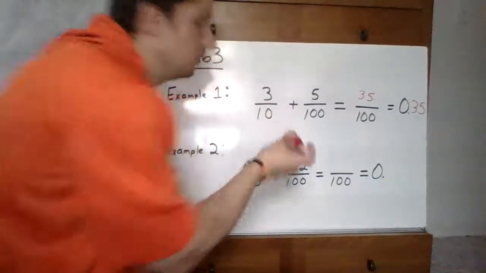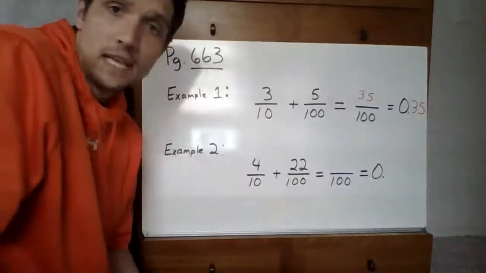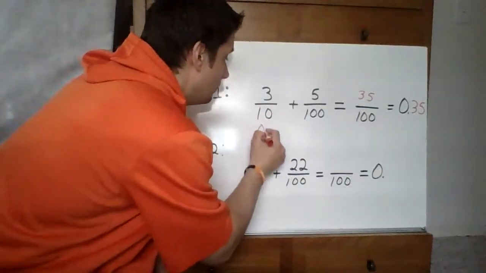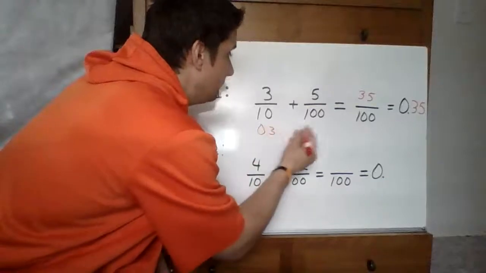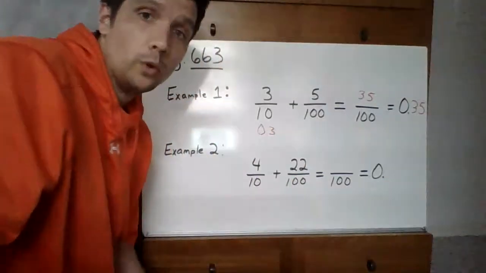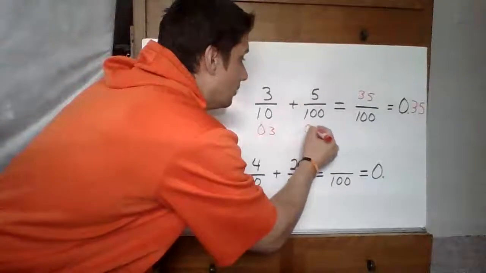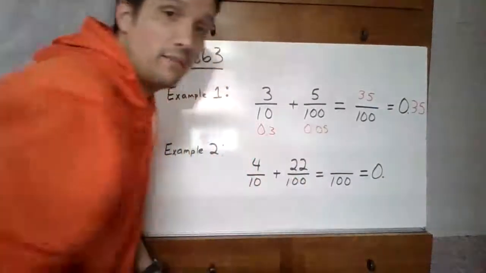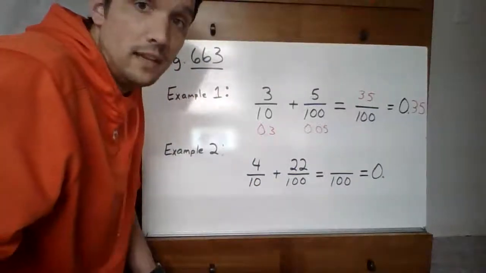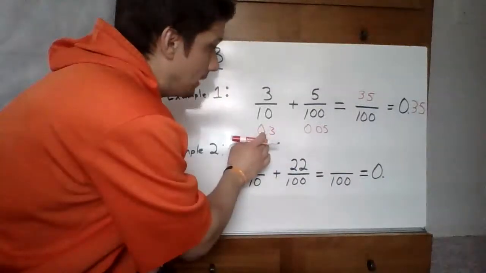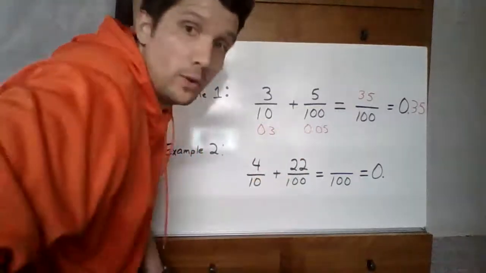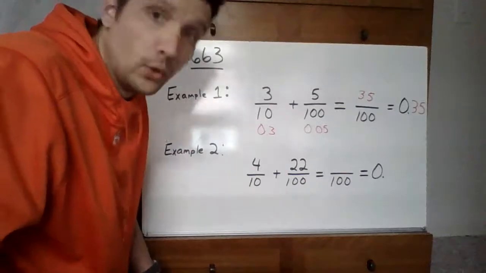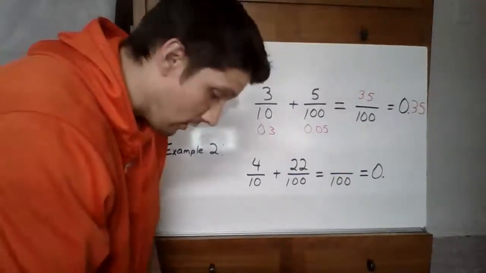What if we wrote this as decimals? 3/10 would be written as 0.3, and 5/100ths would be written as 0.05. Notice that that 5 is in the hundredths place. So if we add 0.3 plus 0.05, we'd end up with 0.35 or 35/100ths.